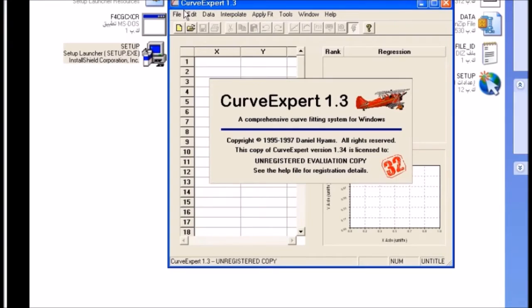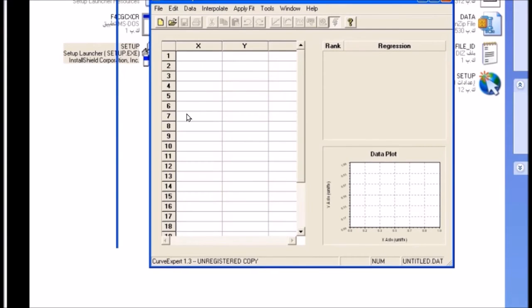If we go back to the mathematical program, we will analyze our result by the mathematical program.